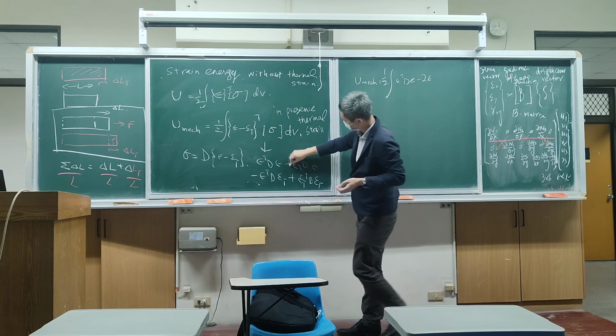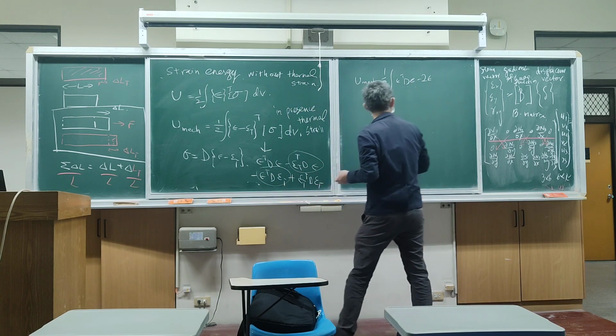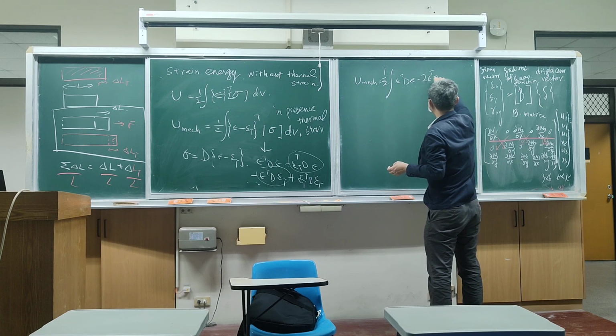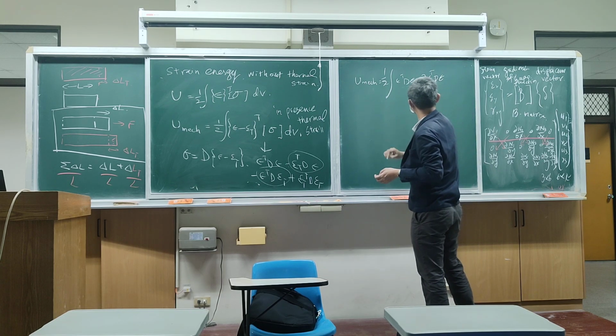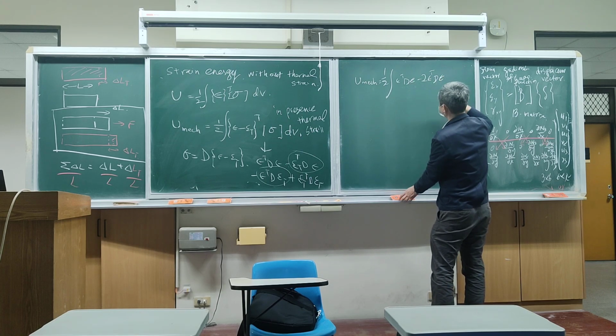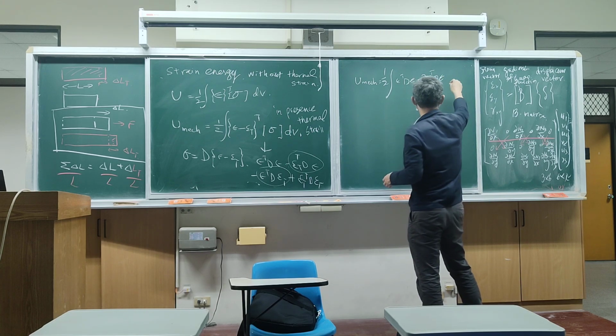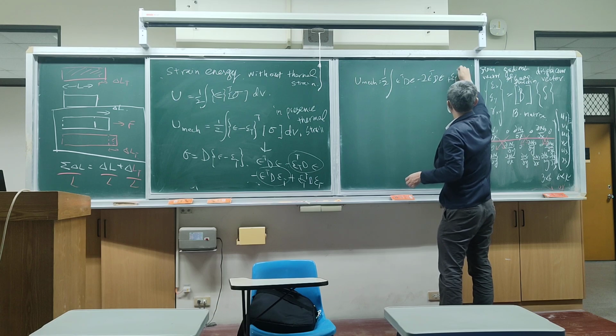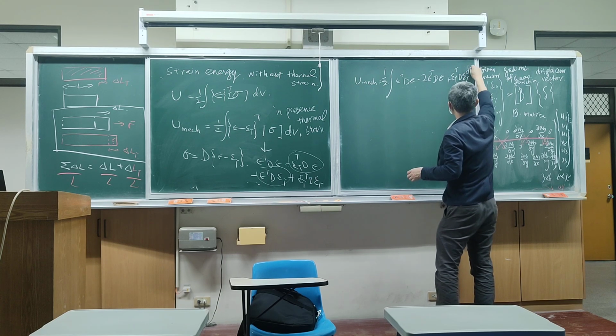Because they are scalar, so you can write them as D epsilon, okay? Or you want to write the other way also can, okay? And then the last term will then be epsilon T transpose D epsilon T.